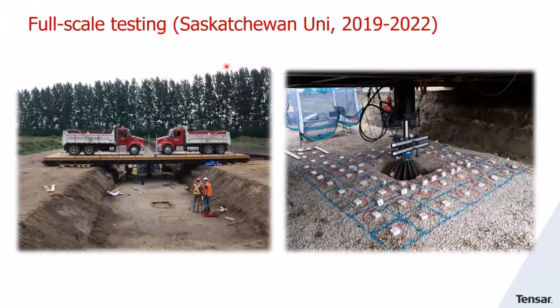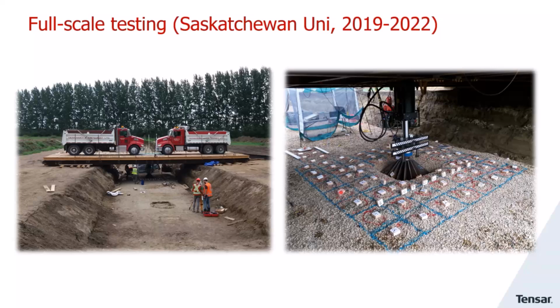I want to take you along to Canada, University of Saskatchewan, where we performed a number of validation trials to validate our new design methodology for working platforms. We dug a trench and had a number of trials with the goal of loading the platform until failure.